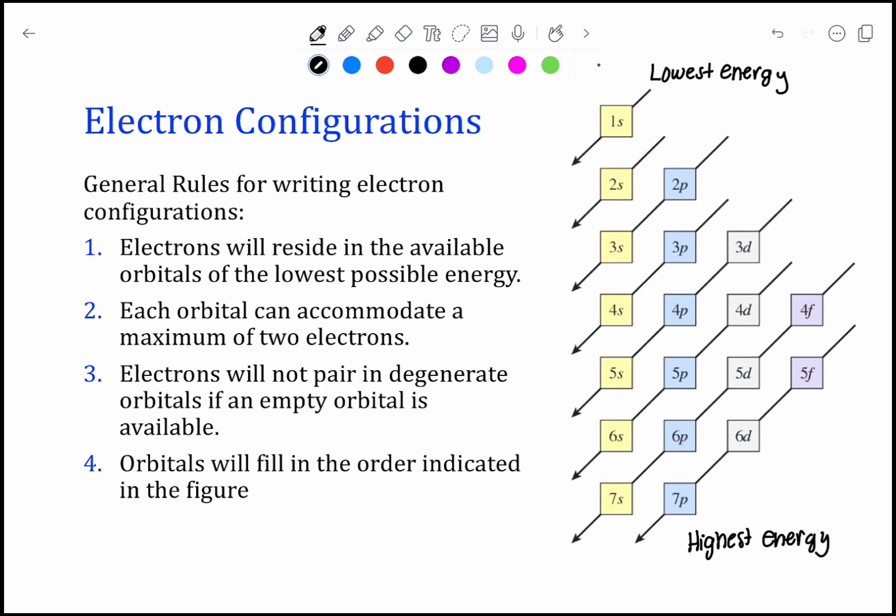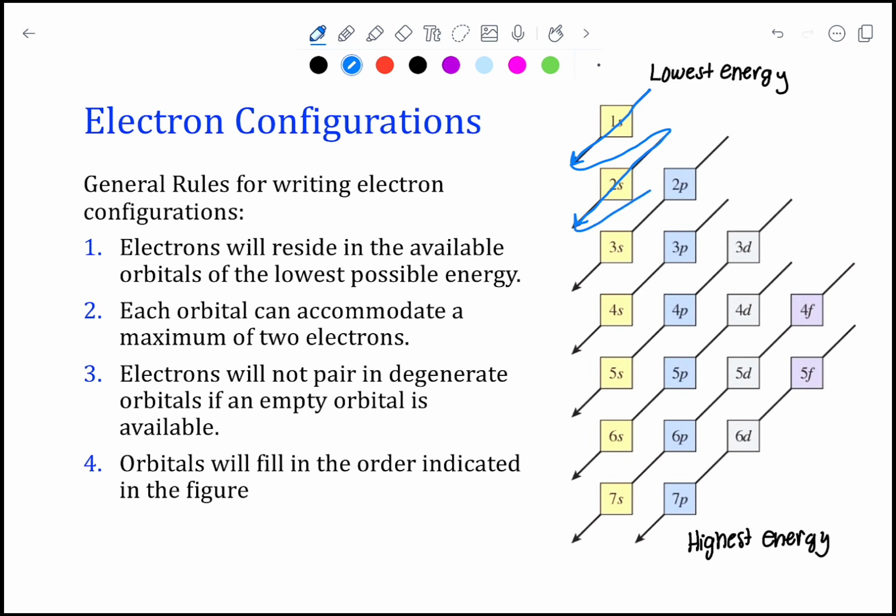And orbitals will fill in the order indicated in this figure. So we're going to use this figure a lot to start writing our electron configurations. What we have to do is start following the arrows. So we start with 1s. Then when we're done with 1s, we go to 2s, which is what we saw in all of our configurations.